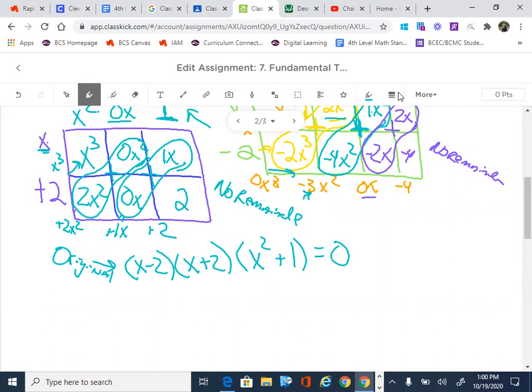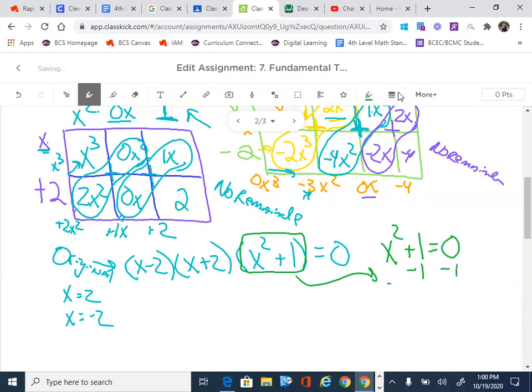So our x-intercepts are 2 and -2, and the last thing I need to do is solve x squared plus 1. I set it equal to 0, subtract 1, and x squared comes out to -1, and we take the square root.